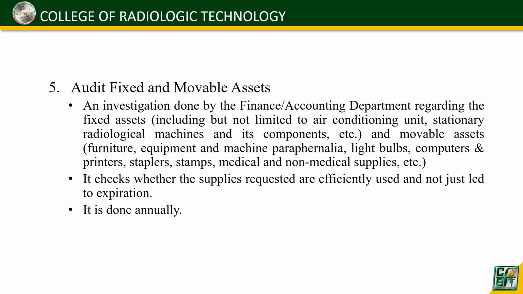Okay? Then, mga movable assets includes furniture, equipment, and machine paraphernalias. So let's say, ano yung mga equipment and machine paraphernalias? So this includes the cassette, the leaded or rubber leaded gloves, rubber leaded apron, etc. Caliper included.